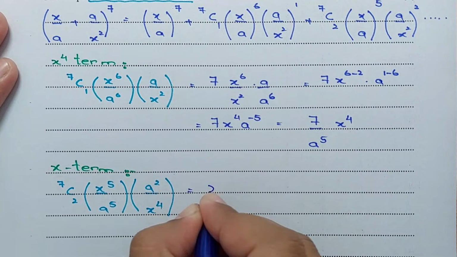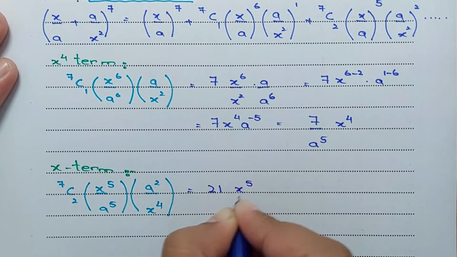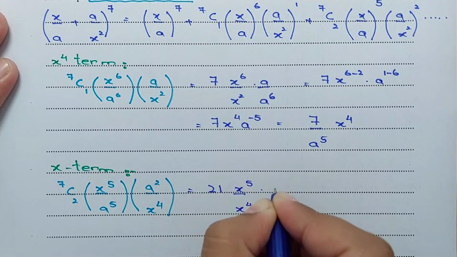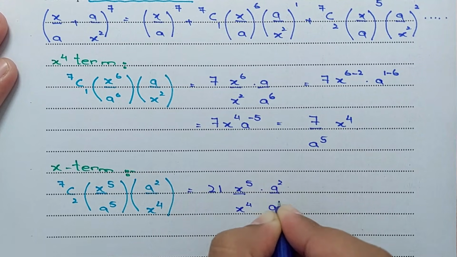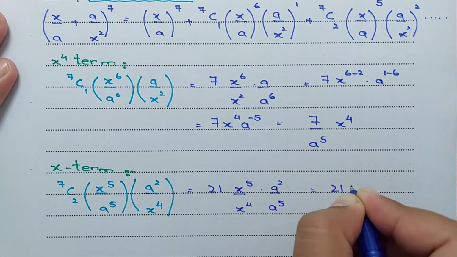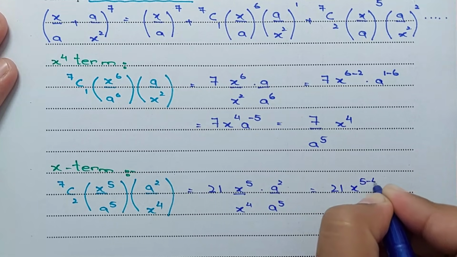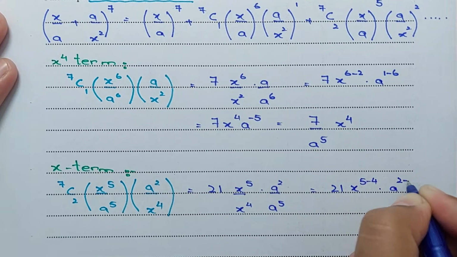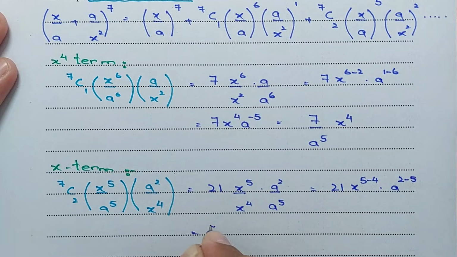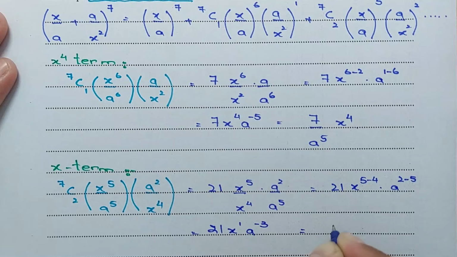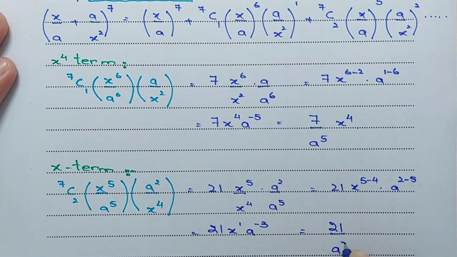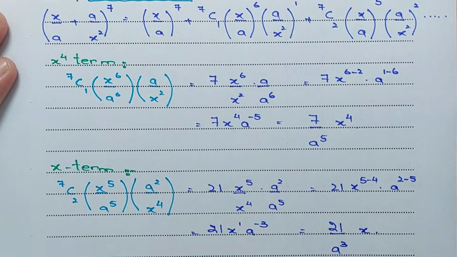So that equals 21 x^5 over x^4, a^2 over a^5. Here we have 21 x to the power 5 minus 4 and a to the power 2 minus 5. So 21 x to the power 1 and a to the power minus 3, or we can say 21 over a cubed is the coefficient of x.